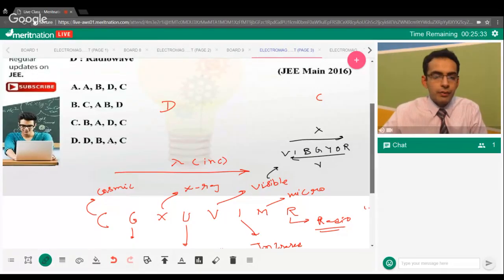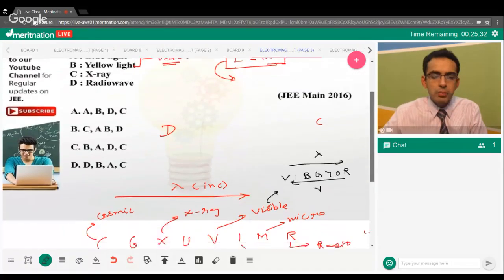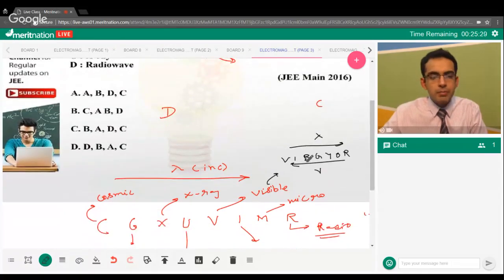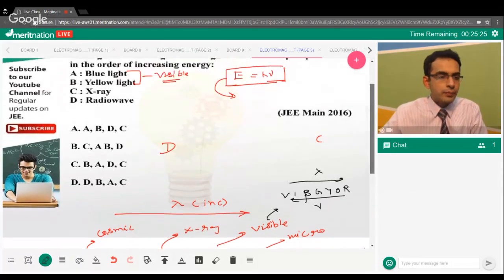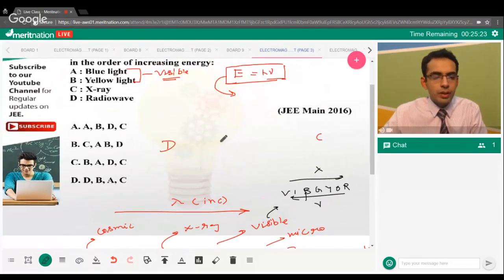In the given question, yellow and blue are given, so obviously blue has more frequency. So the correct answer will be DBAC, because yellow has less frequency as compared to blue. So D is the correct answer for the given question.